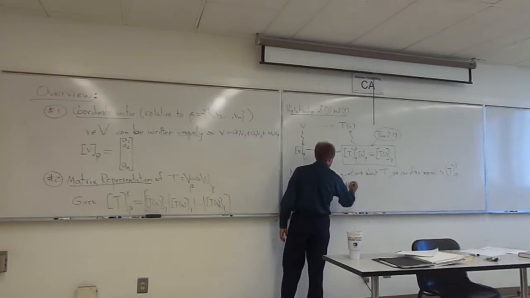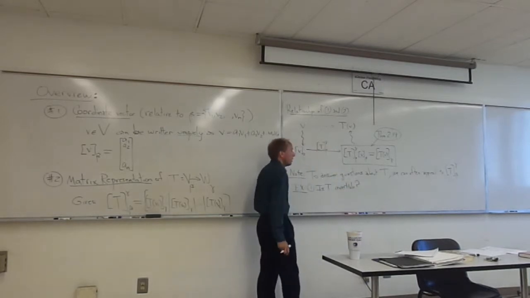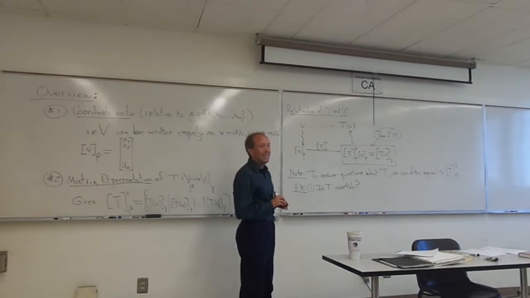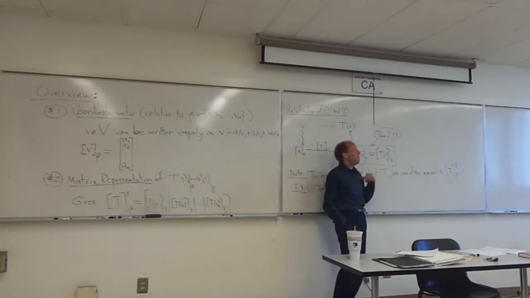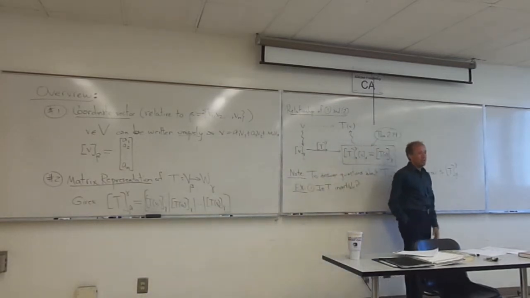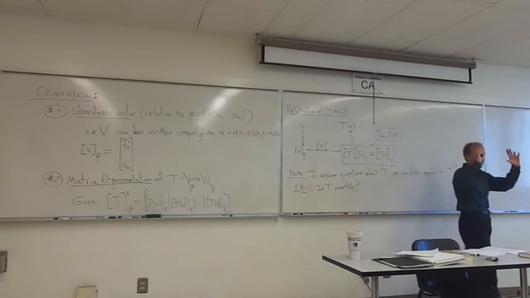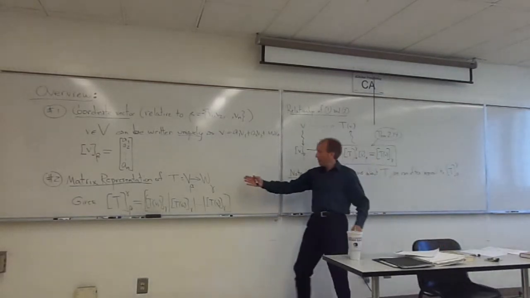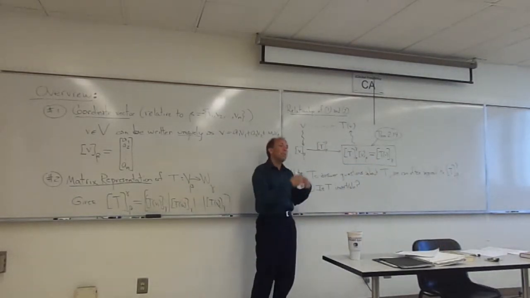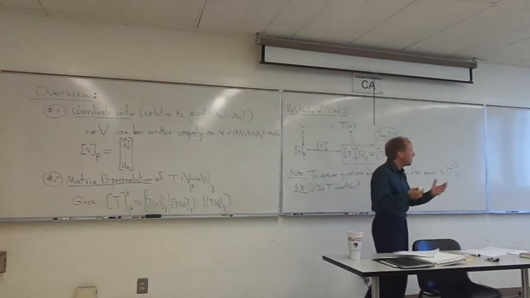Well, take a matrix representation of T and ask if that matrix is invertible. One thing about the matrix to be invertible is that it has to be a square matrix. If it's going to be a square matrix, then beta and gamma have to be the same size. That means the dimension of V and W have to be the same.